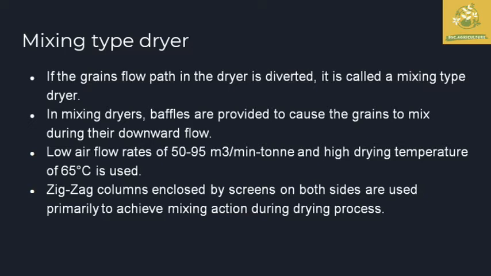The airflow rate is 50 to 95 meter cube per minute per ton, and a high drying temperature of 65 degrees centigrade is used. There is also a zigzag column enclosed by screens on both sides, so there cannot be mixing of air between them, and mixing is achieved during the drying process.